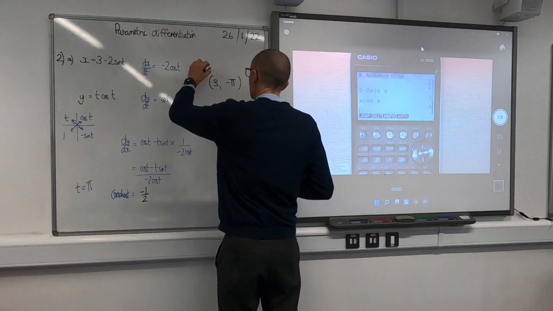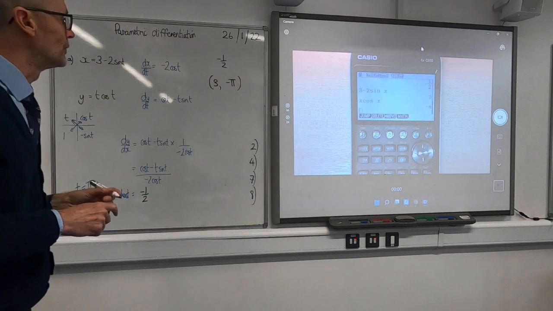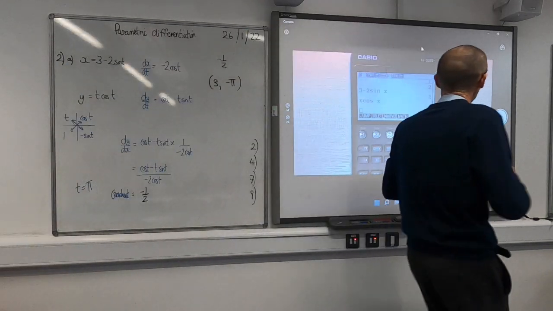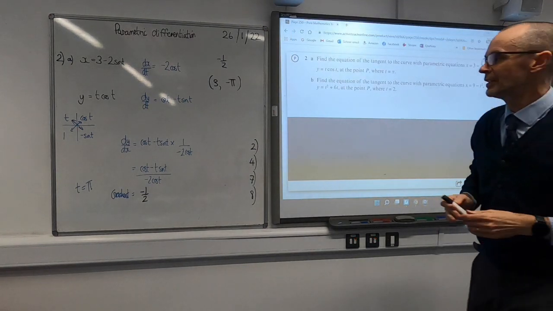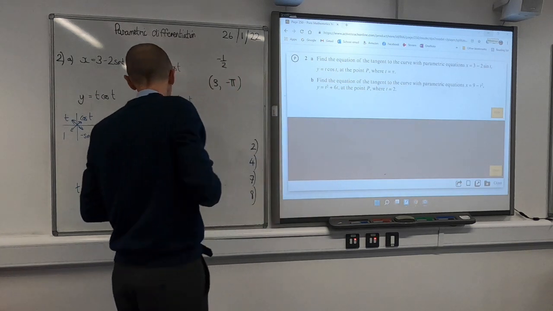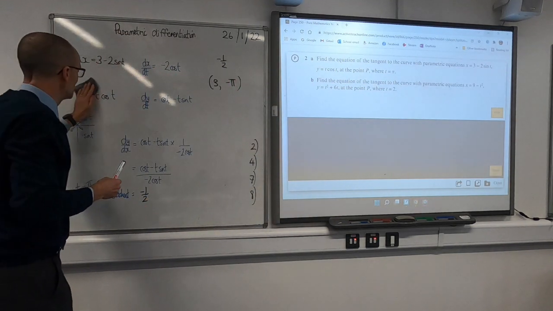So I've got a gradient of -1/2 and a point of 3, minus pi. So we're hopefully able to work out the equation of the tangent using our normal y equals mx plus c approach.